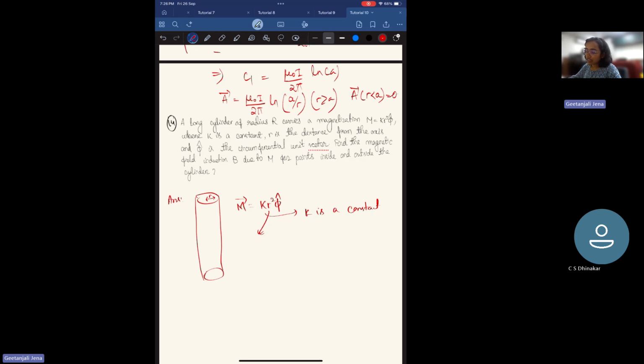Find the magnetic field induction B due to M for points inside and outside the cylinder.